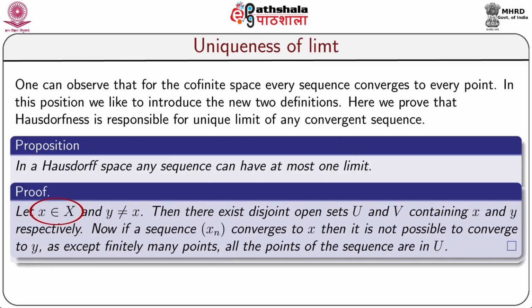Proof: let x belong to X and y not equal to x. Then there exist disjoint open sets U and V containing x and y respectively. So, we have seen that in the cofinite space a sequence converges to all points of the set, but this does not happen in a Hausdorff space, since in a Hausdorff space two different points can be strongly separated by disjoint open sets. So, a sequence can converge to at most one point, which you can see from the proof of the theorem.